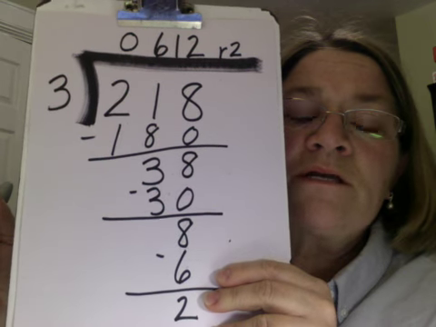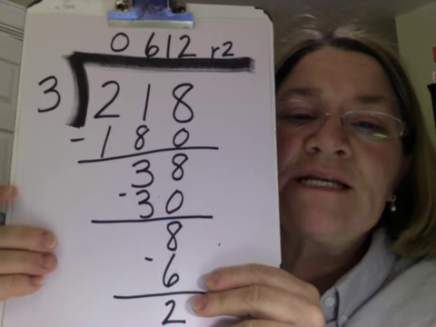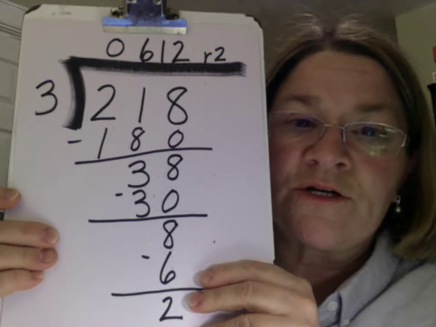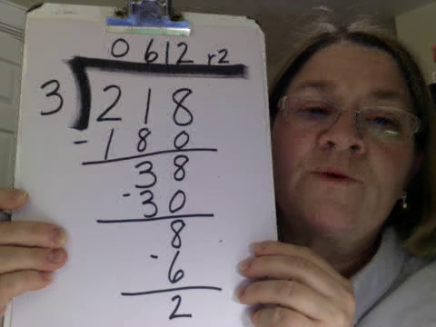But the thing I wanted to talk about with this problem is checking to see if something is reasonable. Is it a reasonable answer? There's a couple things we can look at when we finish dividing something.